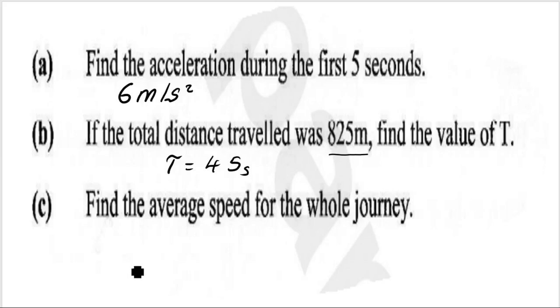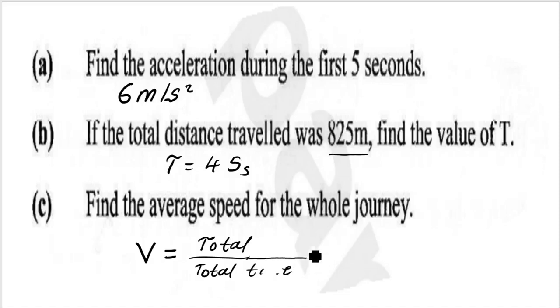Average speed is given by the formula total distance over total time.